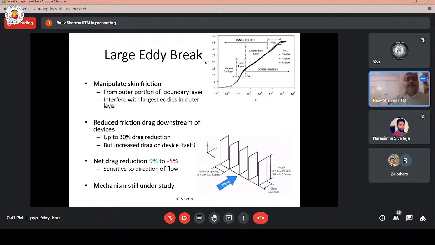Again, look at the graph: viscous sublayer, buffer sublayer, logarithmic sublayer, wake. Think about what are the ways by which skin friction can be manipulated, not from the portion which is close to the wall, but outside, at the higher and higher Reynolds numbers.